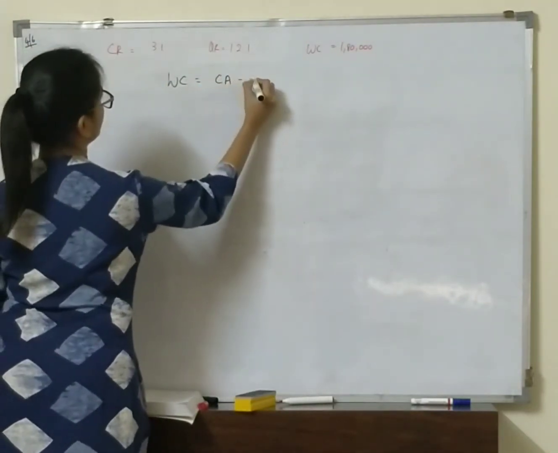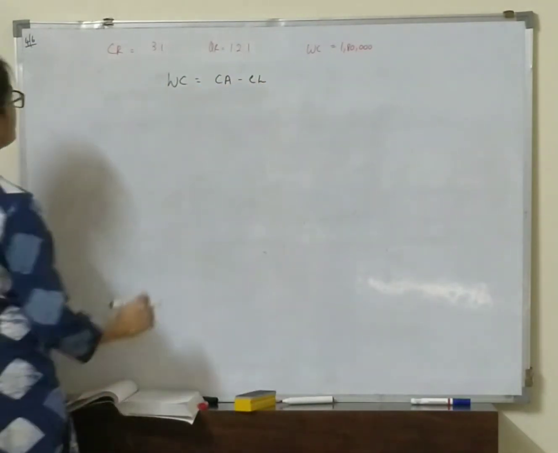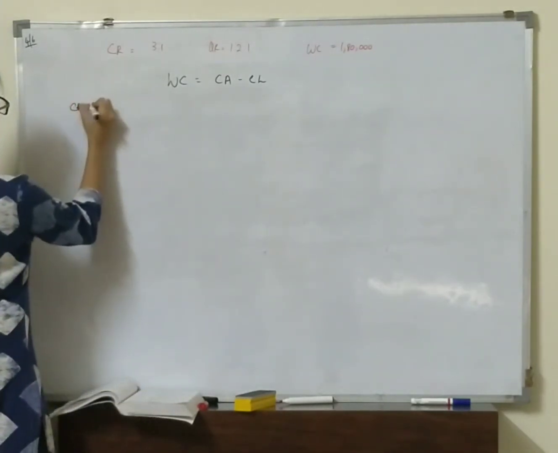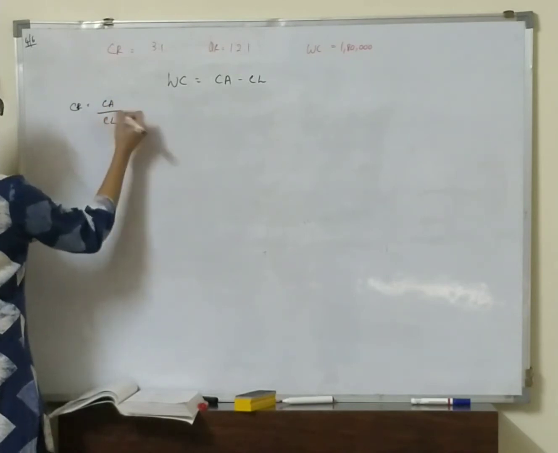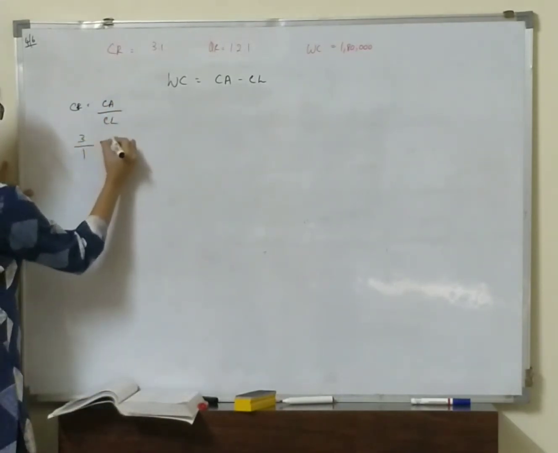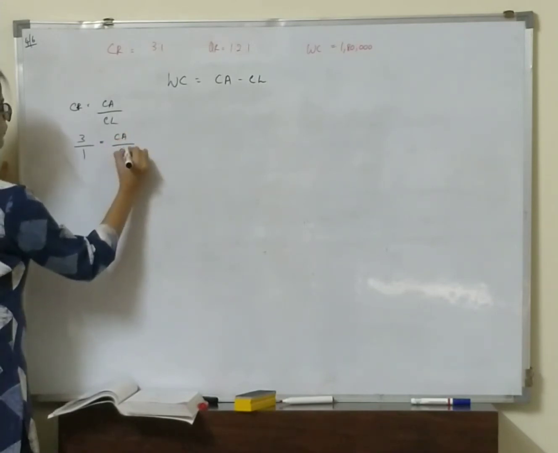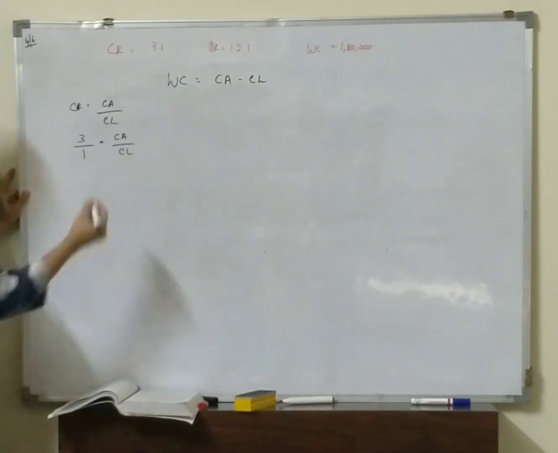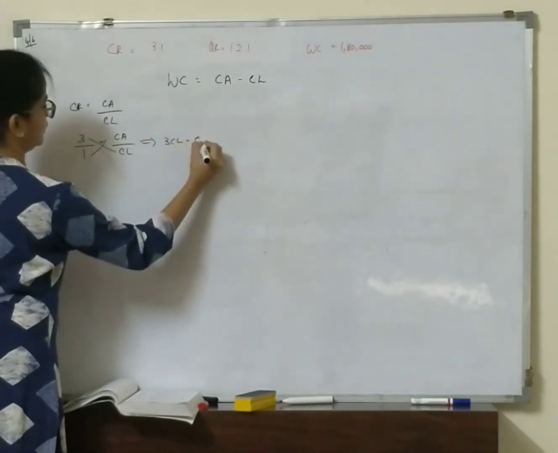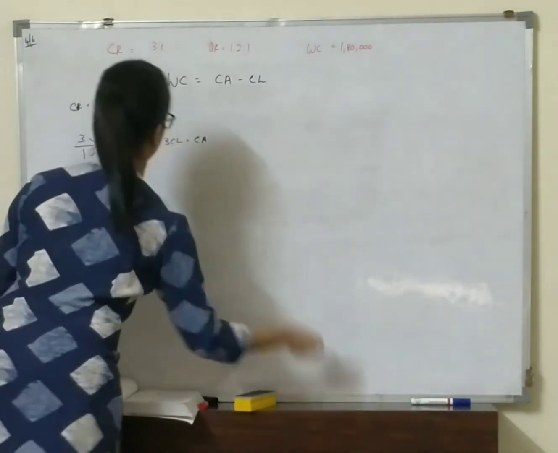It is current assets minus current liabilities. And what is the formula for current ratio? Current asset divided by current liabilities. We know current ratio, that is 3/1. We don't know current asset, we don't know current liabilities. Pure mathematics. So 3 current liability is equal to current assets.